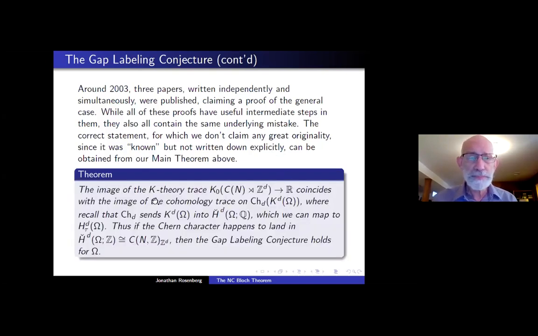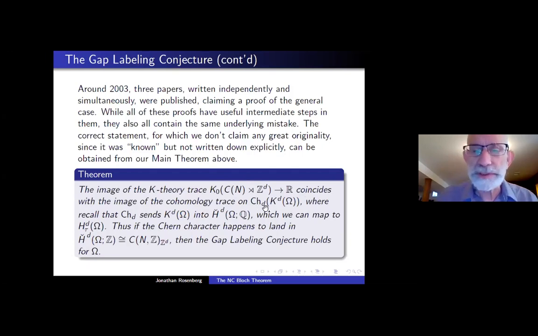So the image of the K-theory trace, which remember is what the gap labeling problem is all about, coincides with the image of the cohomology trace, not on the integer cohomology, but on the image of the K-theory under the Chern character.